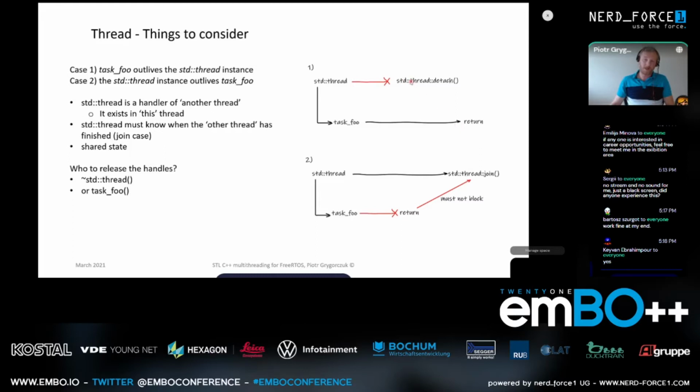So the structure must not release the handle of the thread. And the same the other way around, when the instance of the thread leaves and the task function returns earlier. When we call the join, we have to know that we must not block. So there is some sort of communication going on between those threads. It's not that difficult, but awareness of that is important.